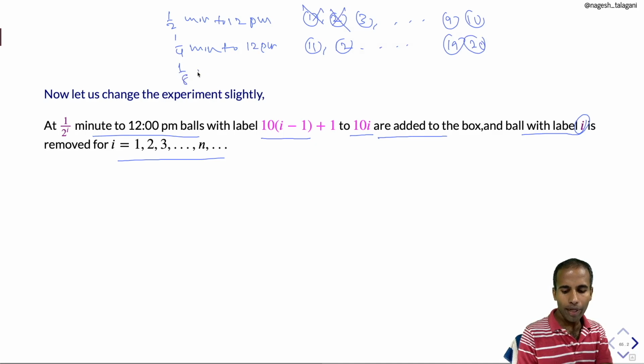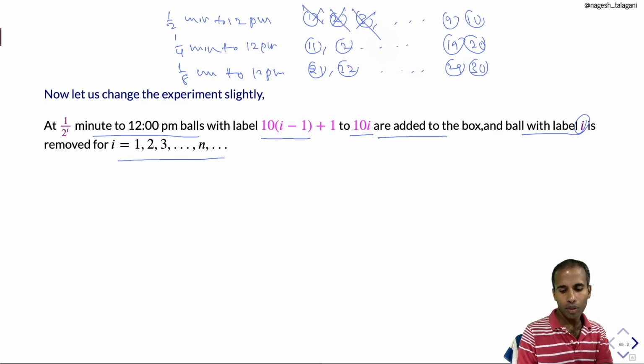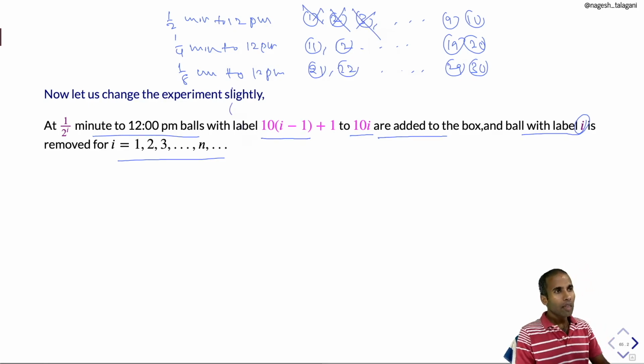At 1/8 minute to 12 pm, balls with the labels 21, 22, and so on up to 29, 30 are added, and the ball with the label 3 is removed, and so on.